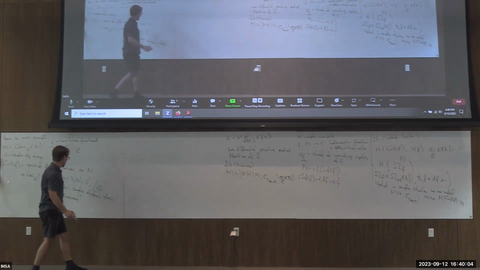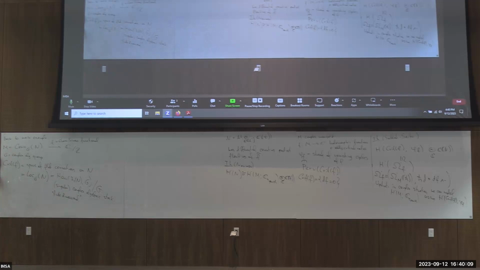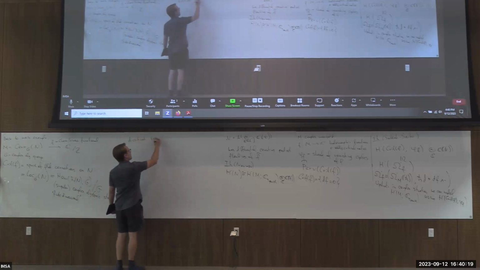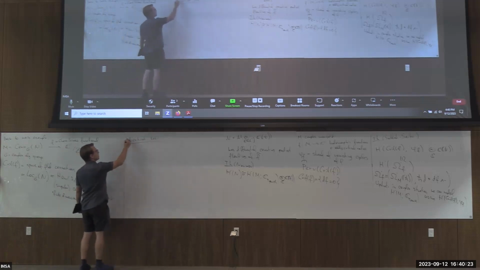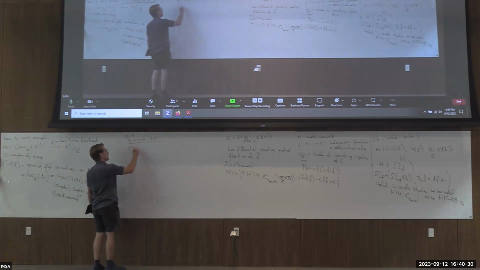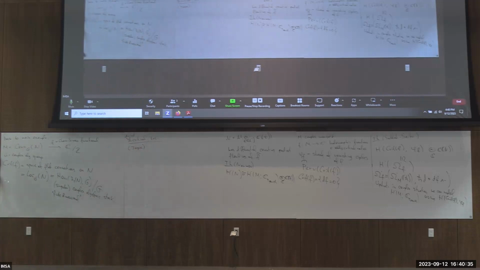For this, I will use extra structure on this complex algebraic stack, which is called the d-critical structure. D stands for derived. This is a notion introduced by Joyce. So let me just briefly sketch the relevant definition.